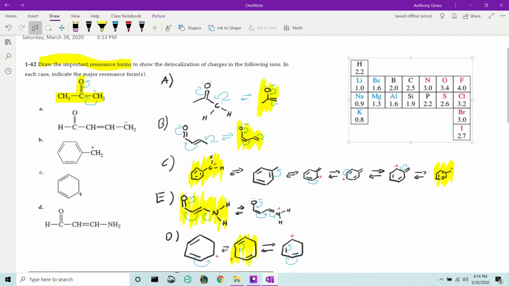Moving on to part B, we see an electron sink. I see an excess of electrons here, and I see an excess of electrons here. So what do we see?